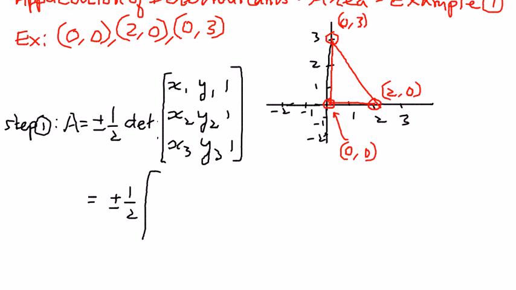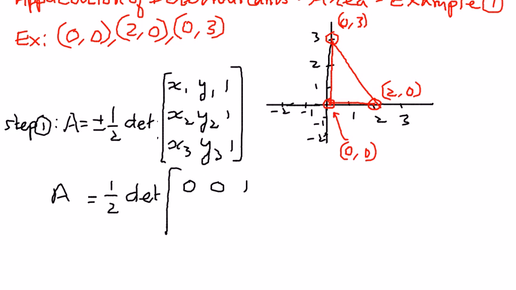So, let me rewrite this one here. Area is going to be equal to 1/2 the determinant of the values of x1, y1 are 0, 0, 1. That is for the first point. The second point is 2, 0, 1, because x2, y2, 1, the x ordinate is 2, y ordinate is 0, and then we have a 1 there from the formula. And the third point is 0, 3, 1.